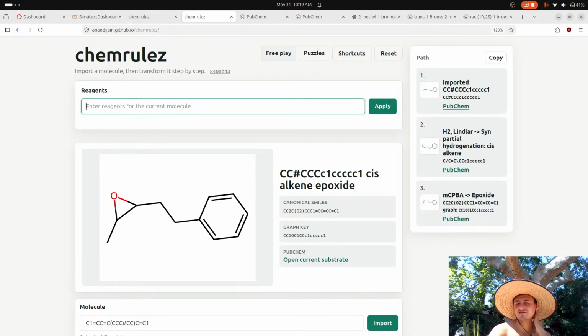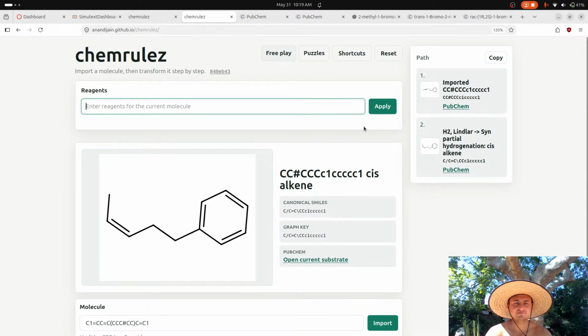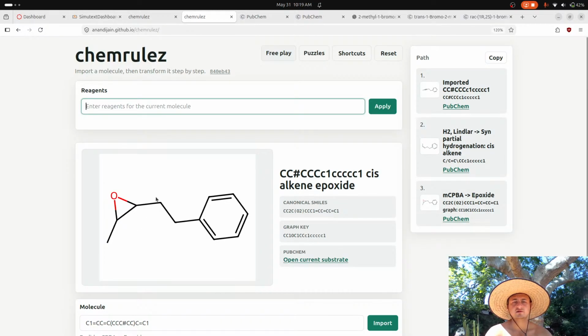Is that right? I can't tell if that's right. Shouldn't it be down like this? Or does that not matter because these are sigmas? I think that since this is a sigma bond, that's okay. So I think that this is right, but we have to go back to the SN2 product.